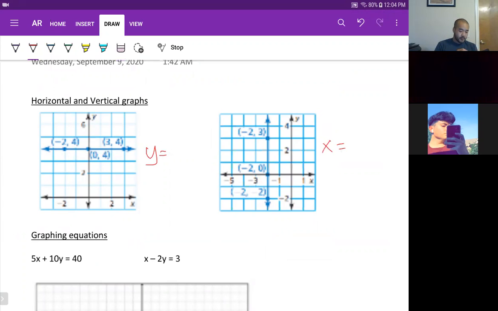So for y equals, all of these y points are 4. So here's 0, 4. Here's 1, 4, 2, 4, 3, 4. So all the y values are 4. On the x, all the x values are -2. So those are the equations, horizontal and vertical lines. Pretty straightforward.